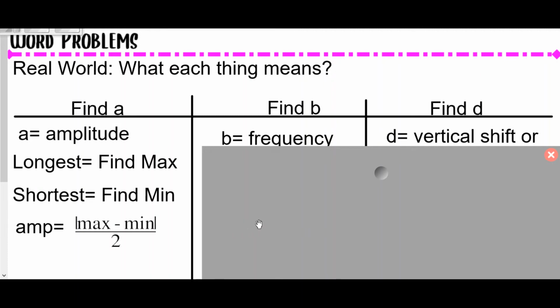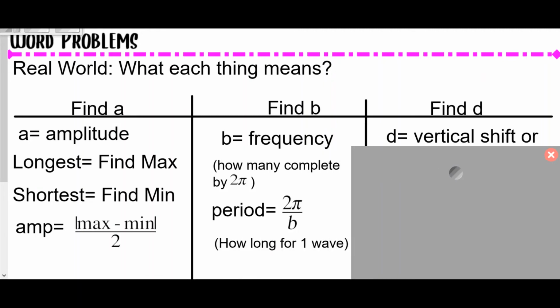The next thing they might have you find is our frequency. Frequency is how many complete curves by 2 pi, but they might not give you the frequency right outright. They might say it takes this long for one cycle. If they're telling you how long for one cycle, they're giving you the period, and then you have to use the period to find the frequency.